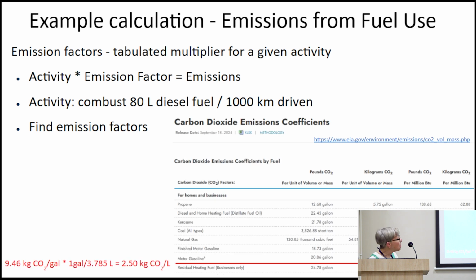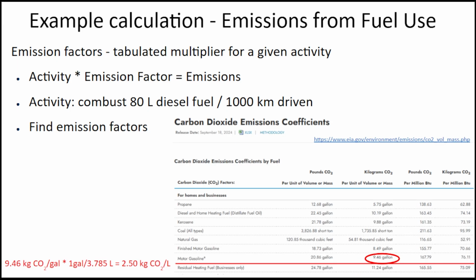So you have to go look up emission factors. I'm familiar with the ones that I find in the United States, so this comes from the EPA. Now that's our emission factor, 2.5 kilograms of carbon dioxide per liter of gasoline combusted. And so we just multiply that by 80, and now we have an output, 200 kilograms of carbon dioxide for this functional unit of driving 1,000 kilometers.